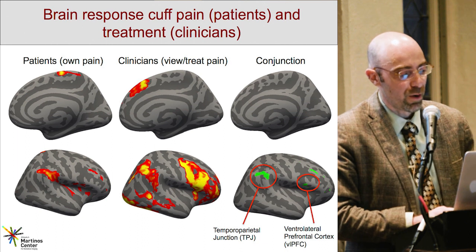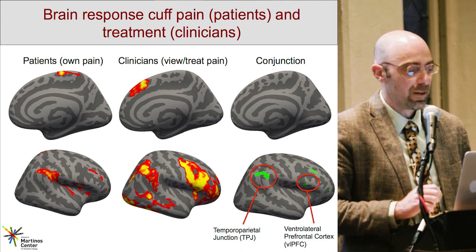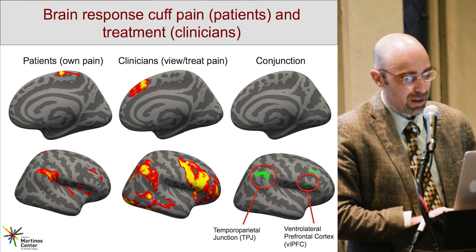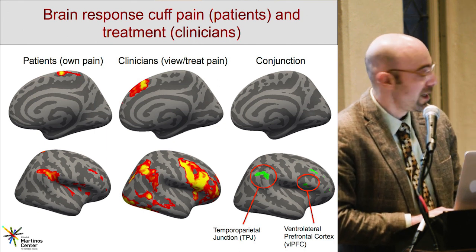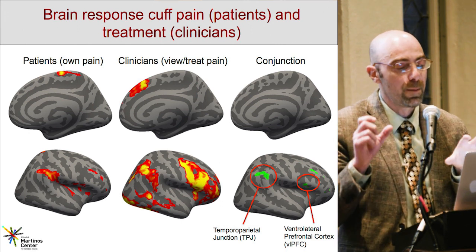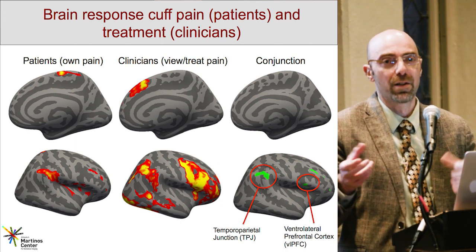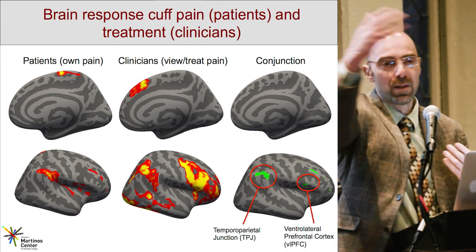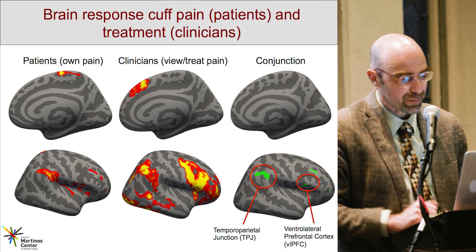But if we look at what parts of the brains are activated in both the clinicians and the patients, that goes down to these areas over here in green. And this is the TPJ, the temporoparietal junction, and the ventrolateral prefrontal cortex, which are known to be really important for social mirroring. So there are these mirror neurons that we have in our brains that activate when we see somebody going through something.